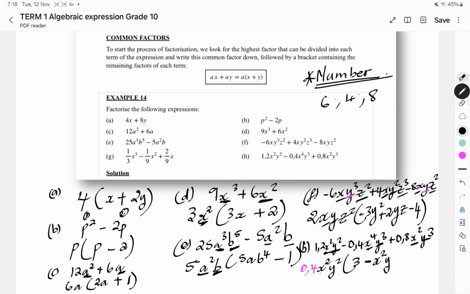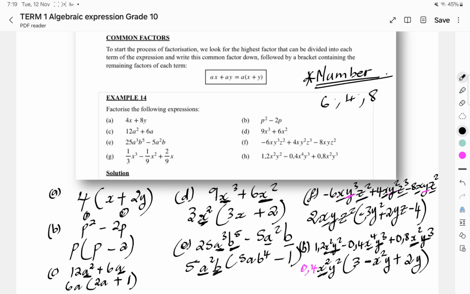And then y is left. Plus, then I have 0.8 divided by 0.4, then that will be 2. x squared divided by x squared. There you go. I have y cubed divided by y squared, so I'm left with y. I'm done with factorizing common factors here.